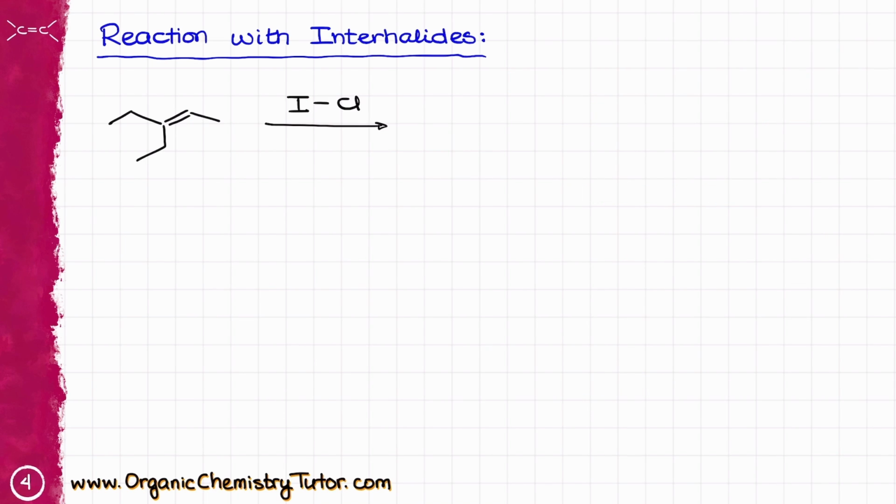Here I have reaction with iodine chloride, and the very first question that I have here is what exactly is going to be my electrophile? Is it going to be the iodine or is it going to be chlorine? So if we look at the periodic table, we can see that iodine is lower than chlorine in the periodic table, which means that iodine has a lower electronegativity than chlorine.